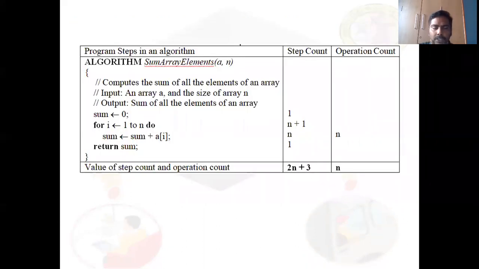Now consider an algorithm to determine the sum of all array elements. I am not going into computing real time.